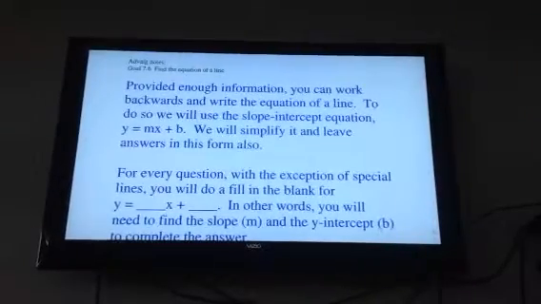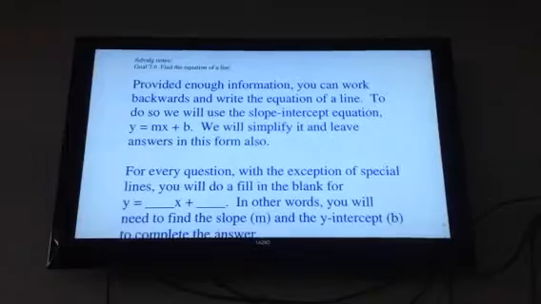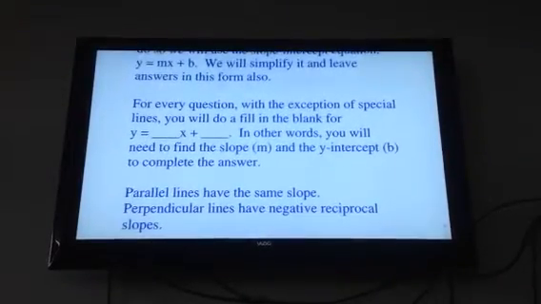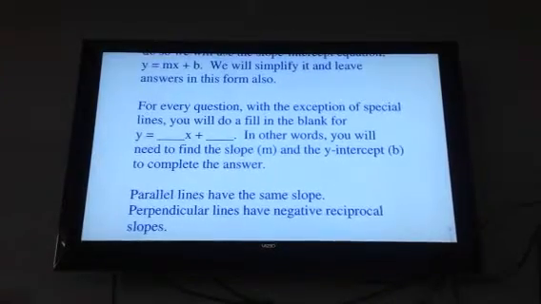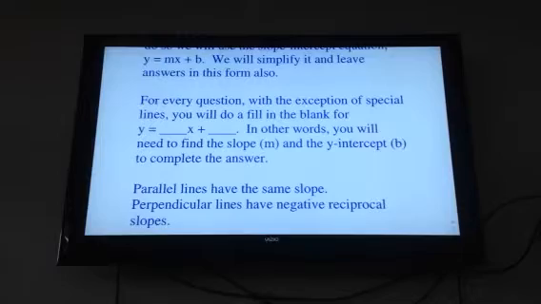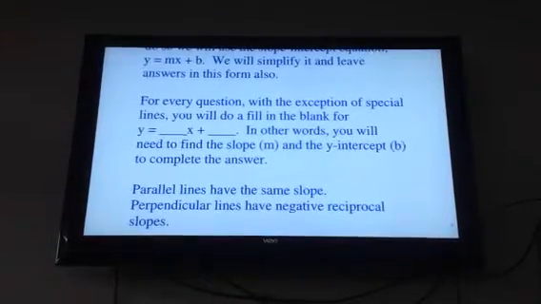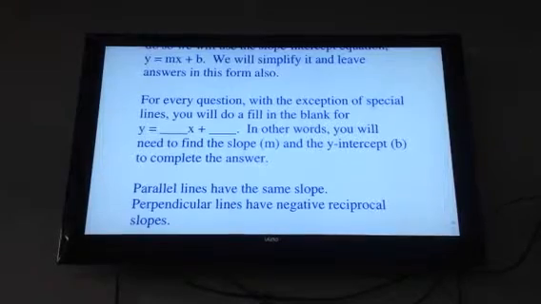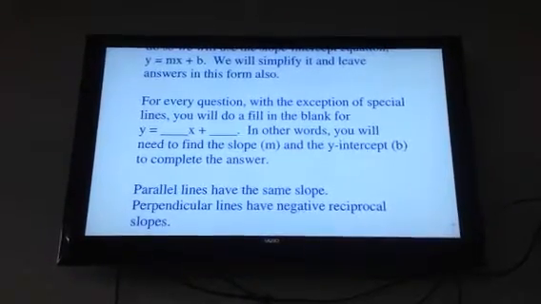Okay. So for every question that we're going to do, with the exception of special lines, now let's remember what special lines mean. Special lines, if you have the words horizontal line or vertical line or slope of 0 or no slope, those would all indicate special lines, that they were just horizontal, just vertical, no x and y in the equation, but either just an x or just a y.